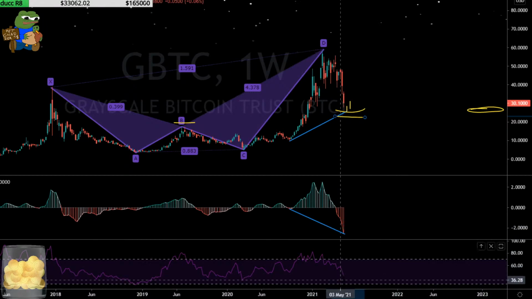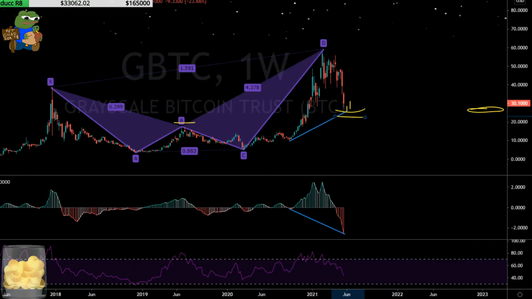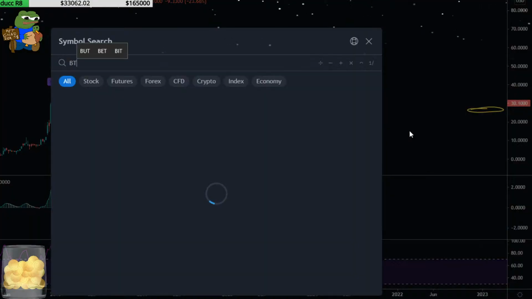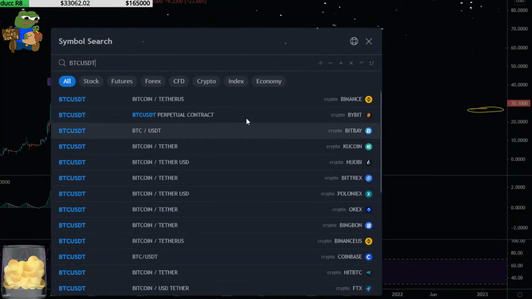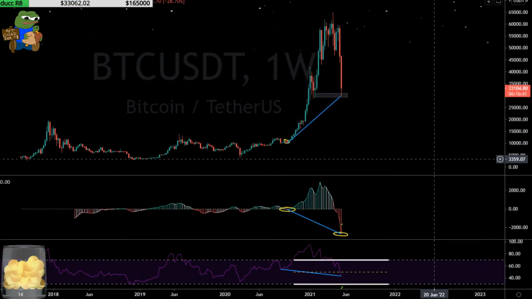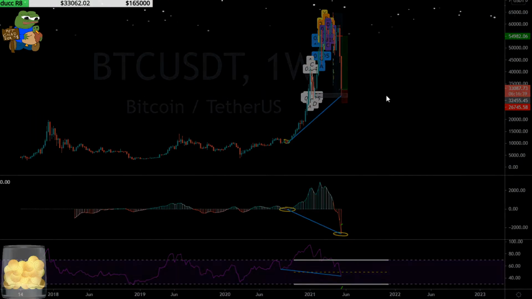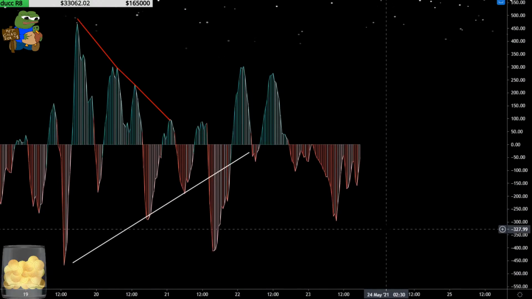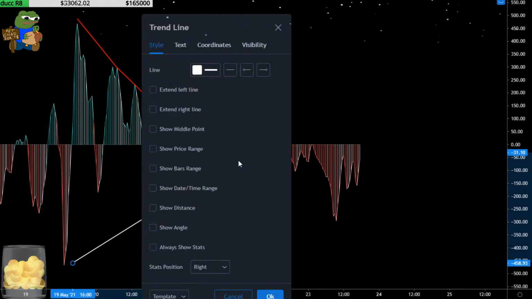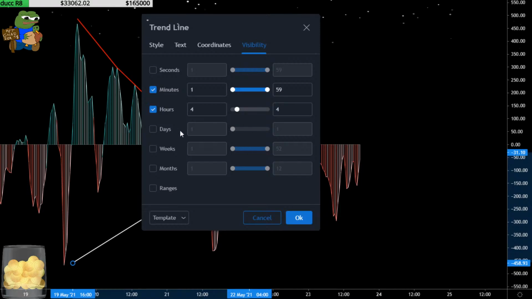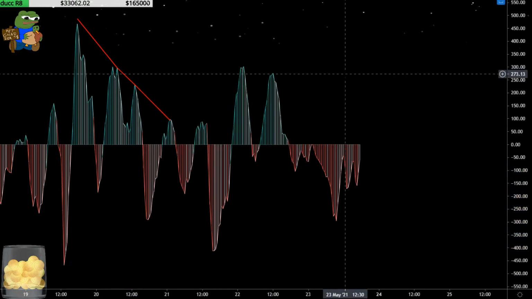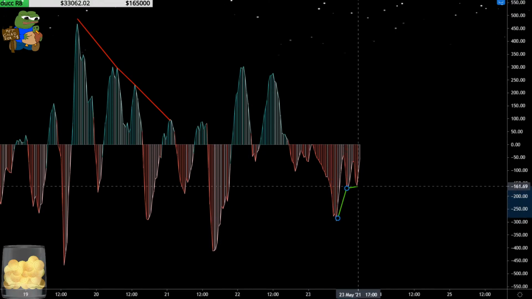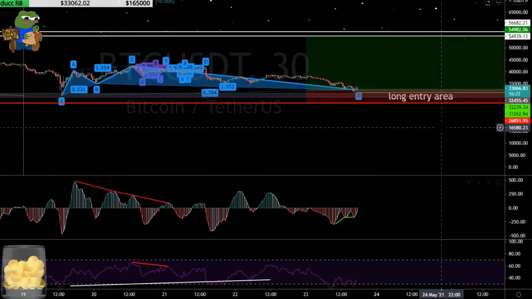Okay, so keep an eye out. Let's go back to Bitcoin. Here's your low time frame. Momentum is diverging bullishly, right?